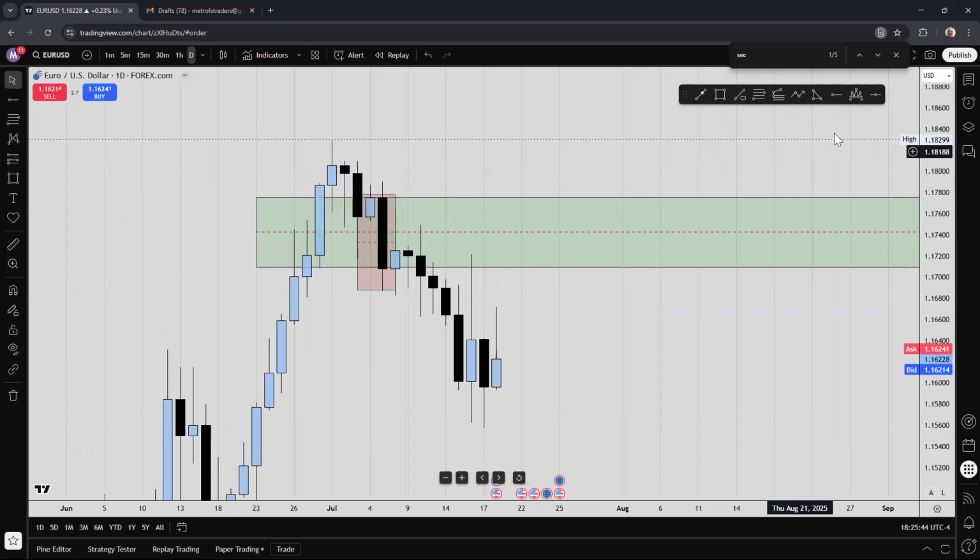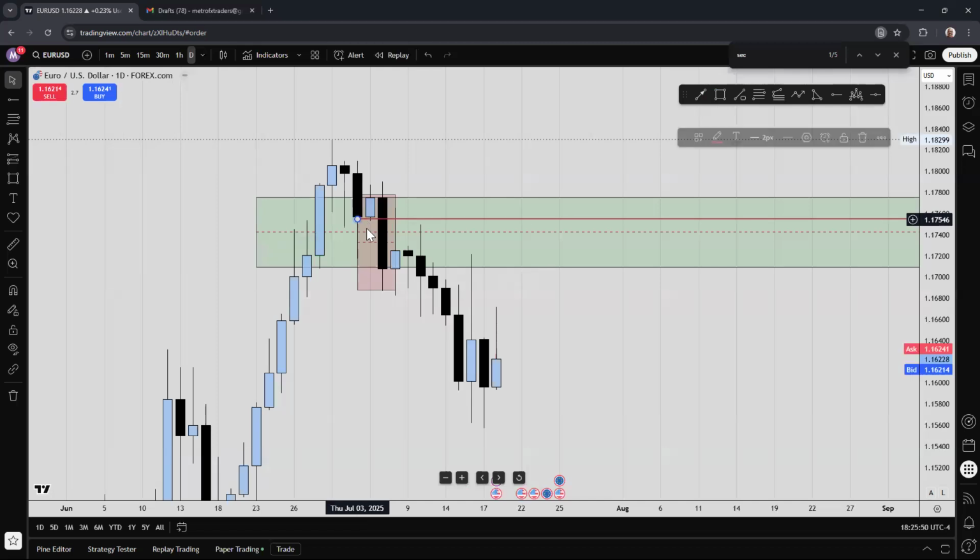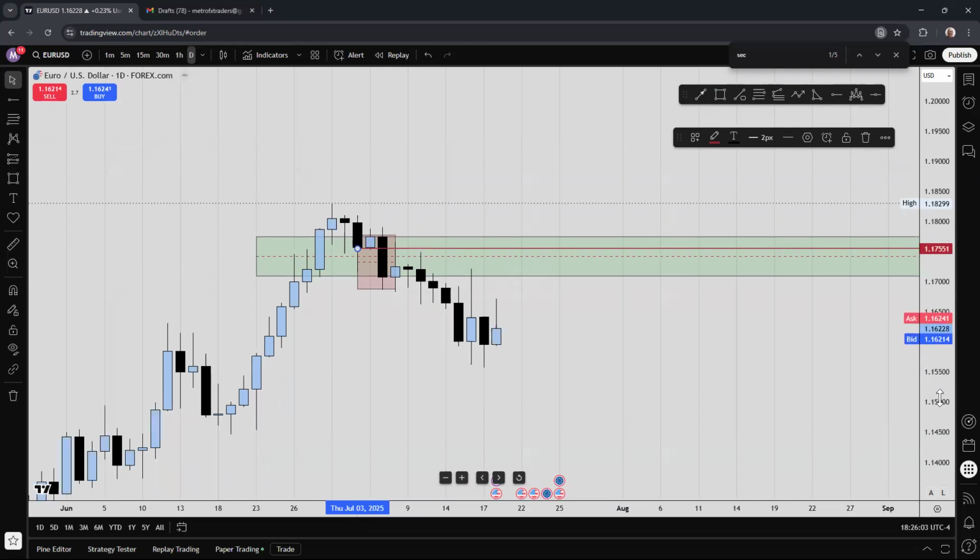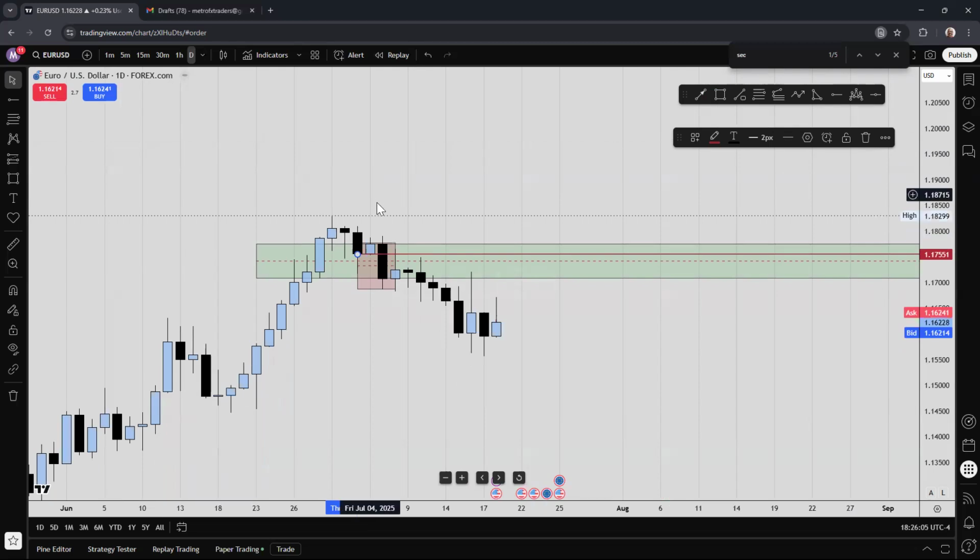And then normally, if you remember my last week's training, I said, whenever you see this, put a line underneath the blue candle. And then what it has to do is come back and touch that line. And then you place a trade going lower. And this would be considered a sell trade, because it's at its all-time high.